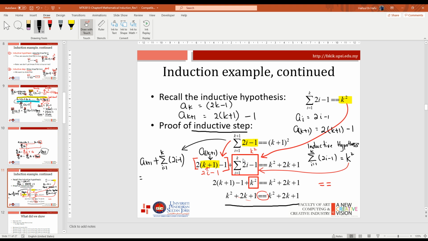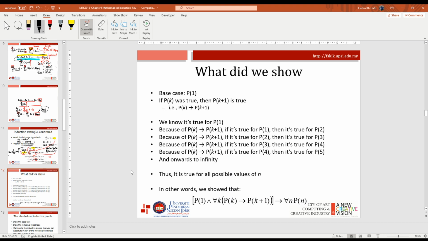Later I will show you another example. Okay, what we show is that based on the case P1, if Pk is true, then P(k+1) is true. We know it is true for P1, so P(k+1) is true for P1.